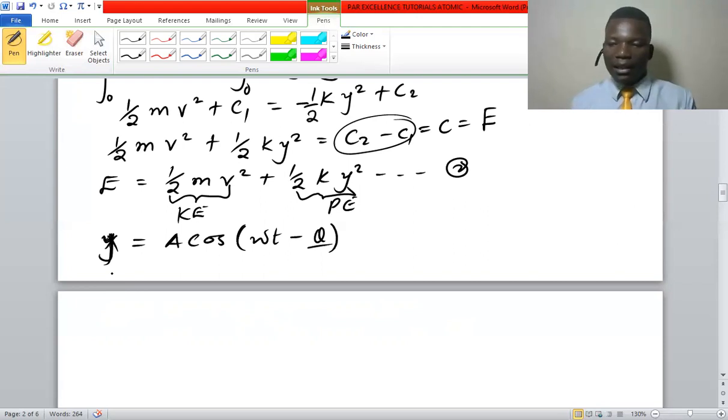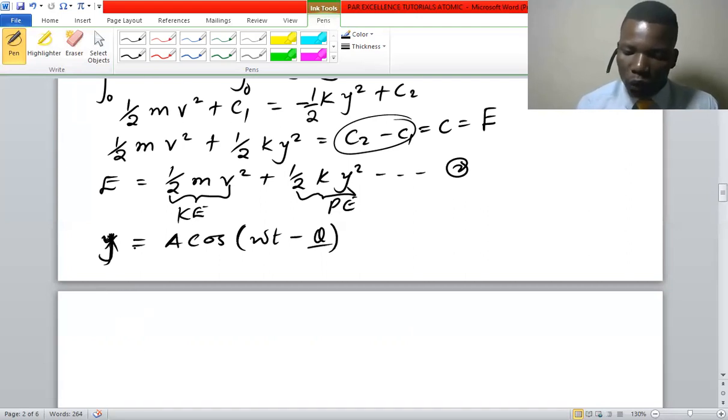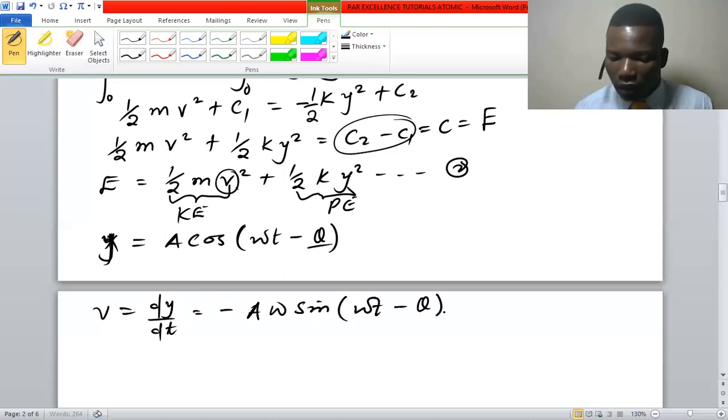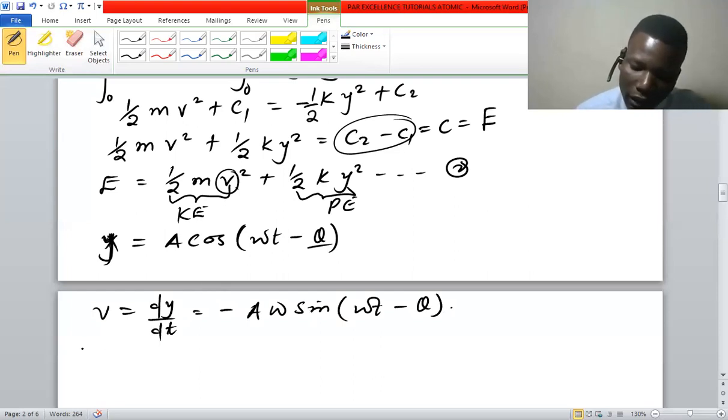So you're going to see at the end, we're going to have ky squared instead of kx squared. Now we need to find the velocity to put there. For us to get the velocity, we have to differentiate displacement with respect to time, which is going to give us negative a omega sine of omega t. So we have these values, we can place them in this equation.